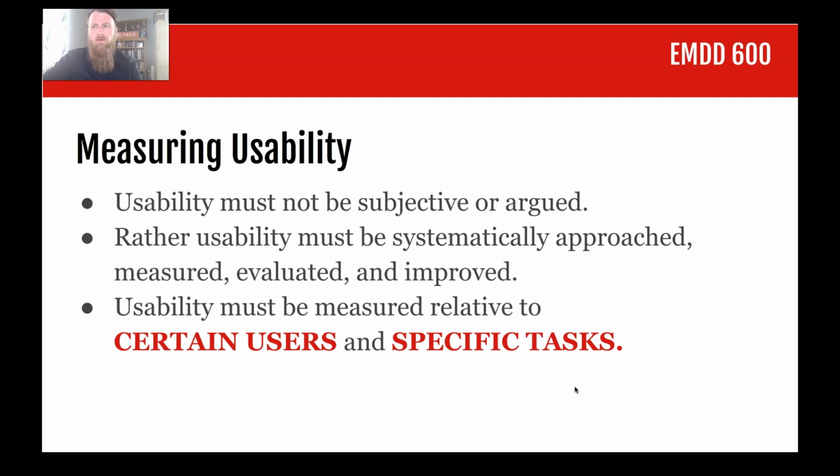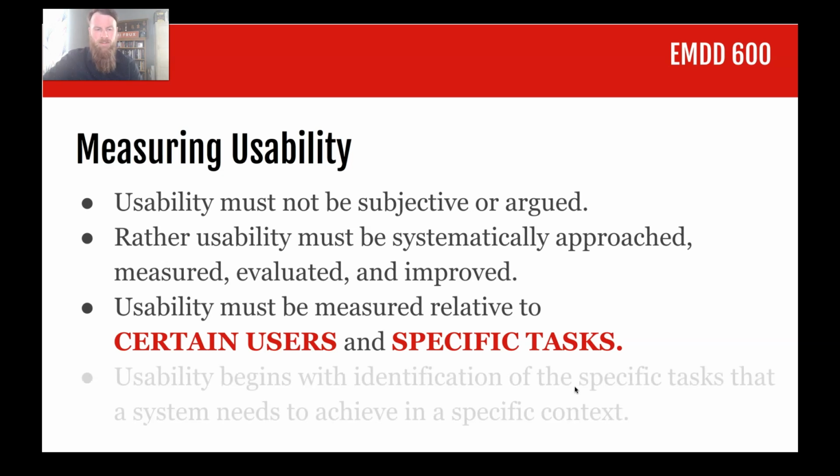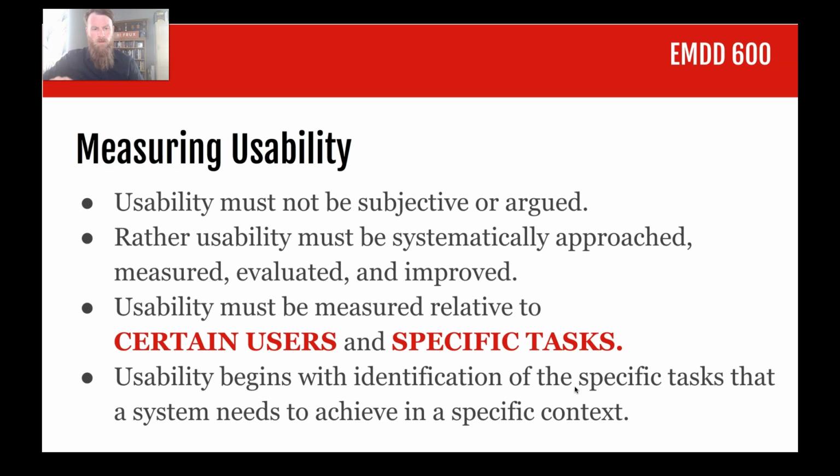Especially because you'll have users that have different wants and needs as they approach this system. Typically, usability begins with identifying the specific tasks that users are going to be doing in a particular system, and what that system needs to provide to those users to achieve in a specific context.